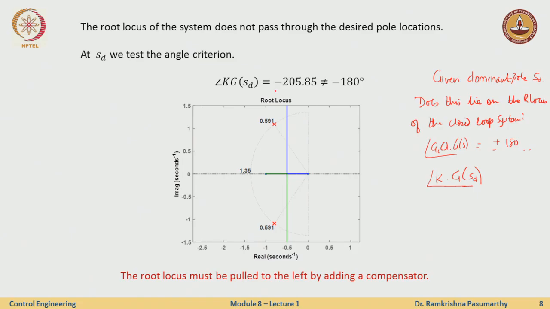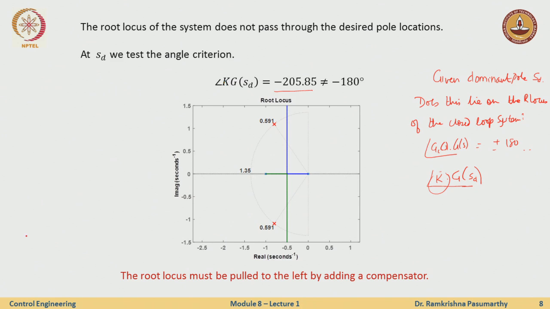Now this turns out to be minus 205.85, which is not 180. Therefore, there will never exist a gain K such that K times G at SD is 180 degrees. Okay, so just by adjusting the gain, we are not able to meet the desired specifications, right?